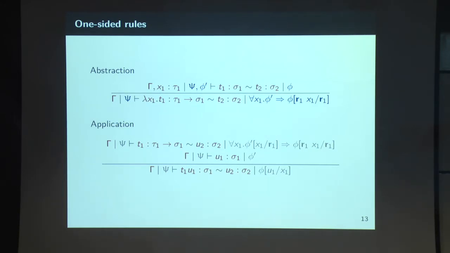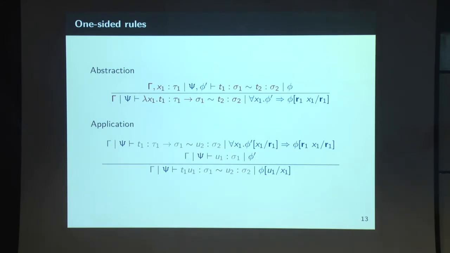And then U2 doesn't change at all. It has the same type in the premise and in the post. And then we have the logical content of the rule. So what we say is that T1 is a function that has a premise, a precondition phi prime.